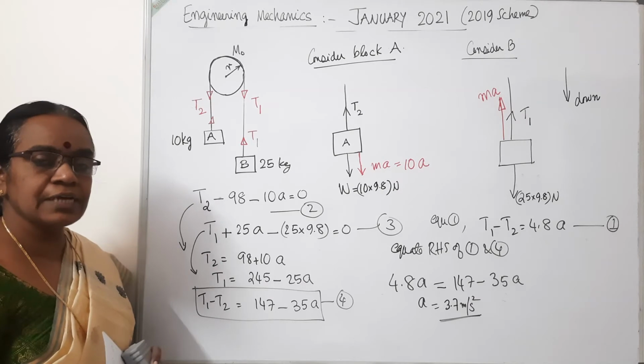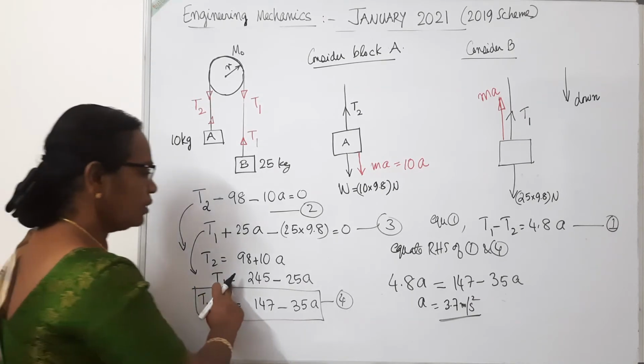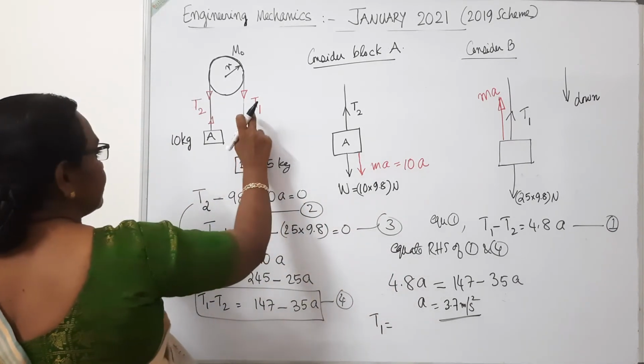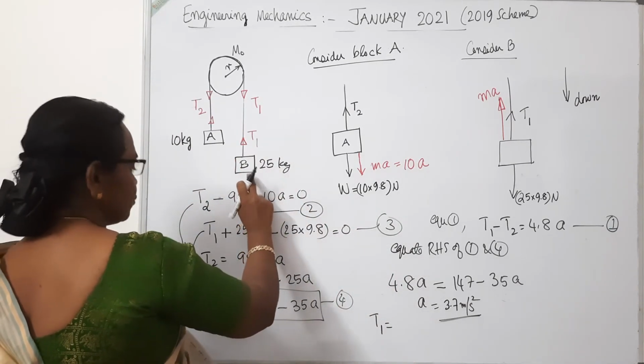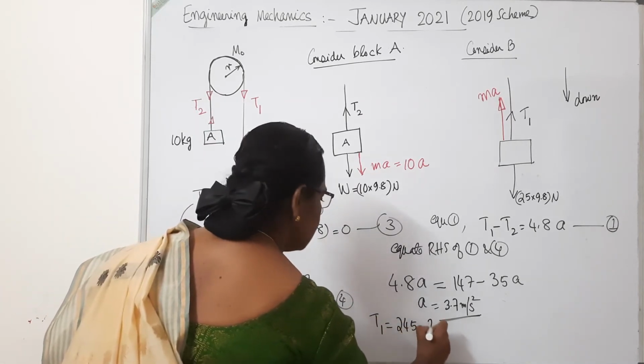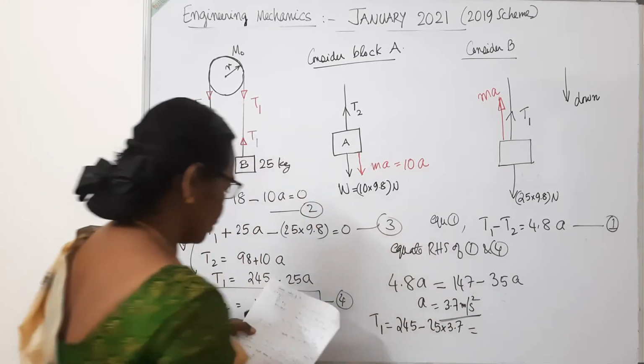Next we have to find out the tension in the ropes. For this, we can make use of this equation. T1, the tension on this right side, the rope attached to B, is equal to 245 minus 25 into 3.7. Acceleration, we have got the value.